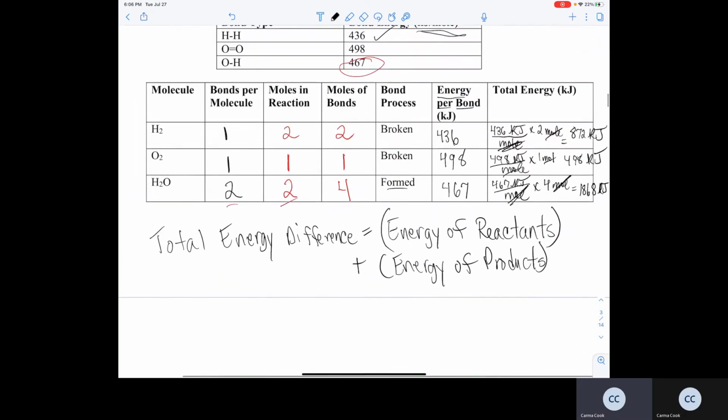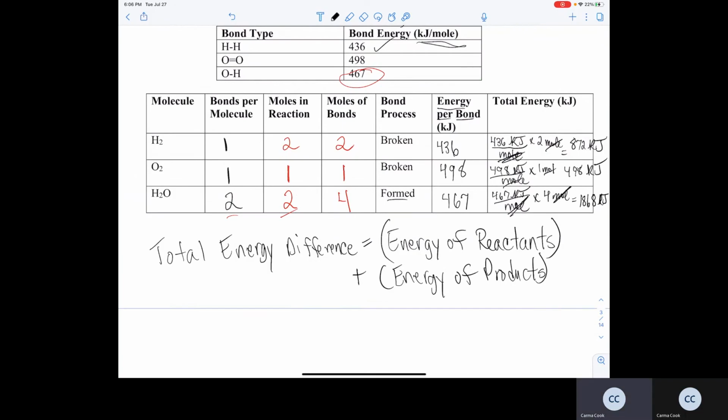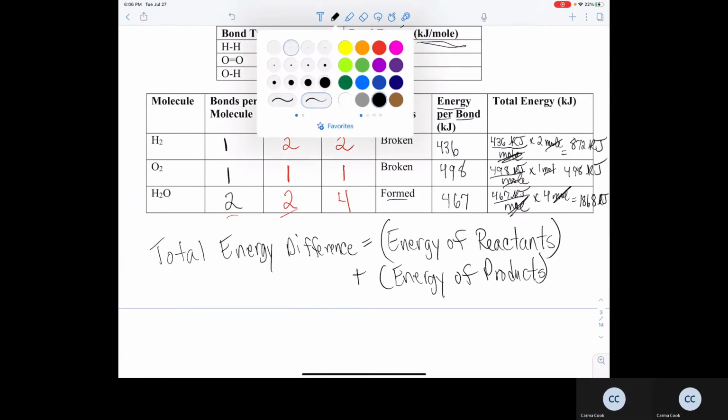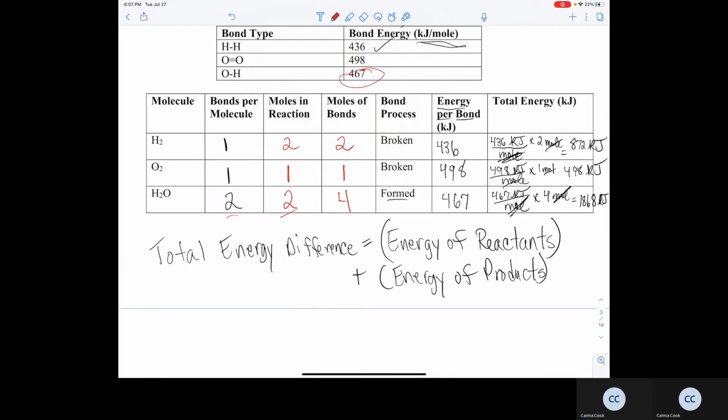And so when bonds are broken in reactants, that is an endothermic process. However, when bonds are formed to make products, that is an exothermic process.